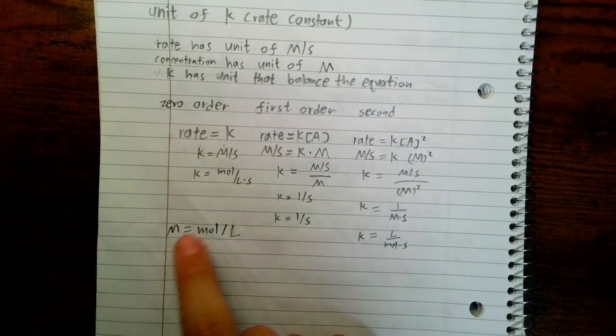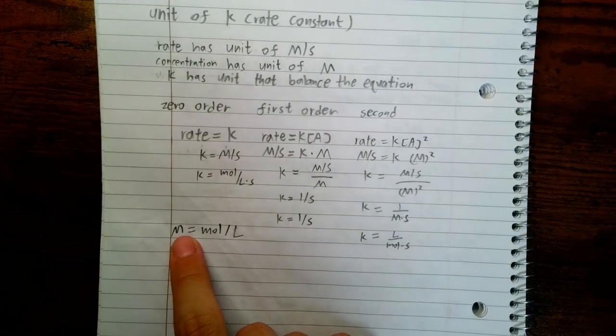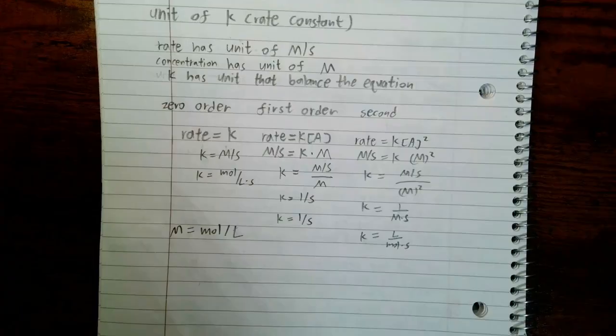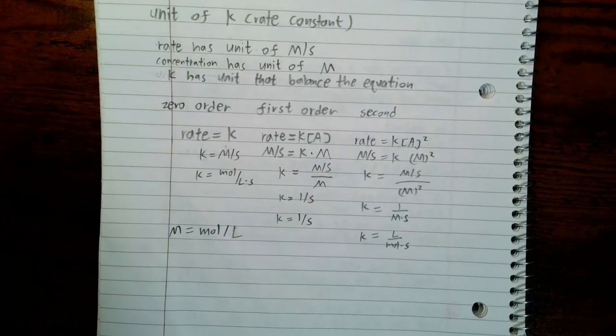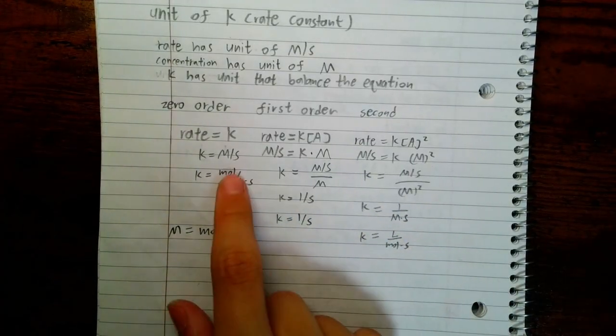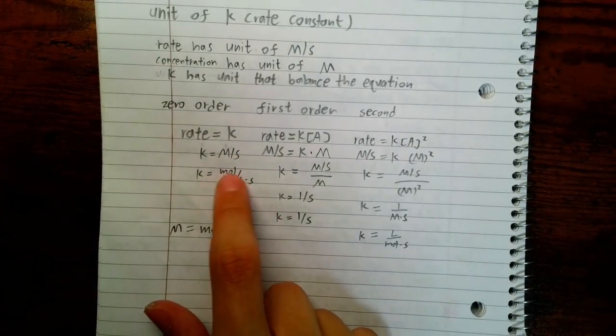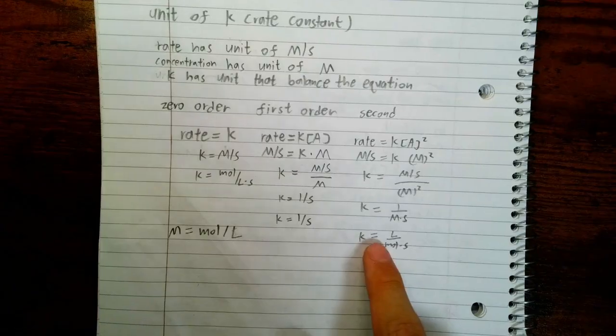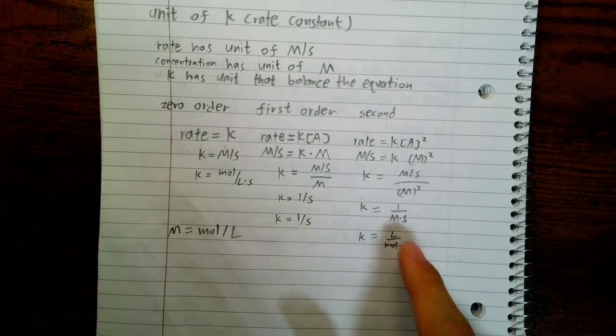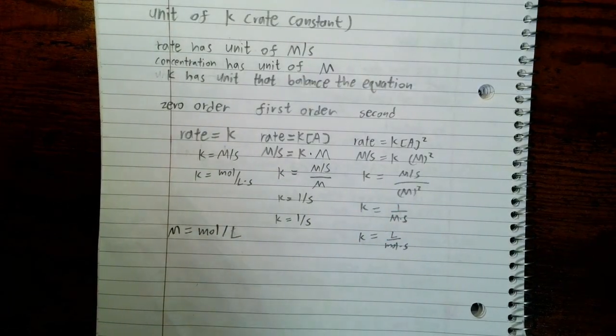And if you don't remember, M is simply equal to 1 mole over 1 liter. That's the molar concentration unit. And we can also convert M into this form, moles per liter. And here M is in the bottom, so we just flip it.